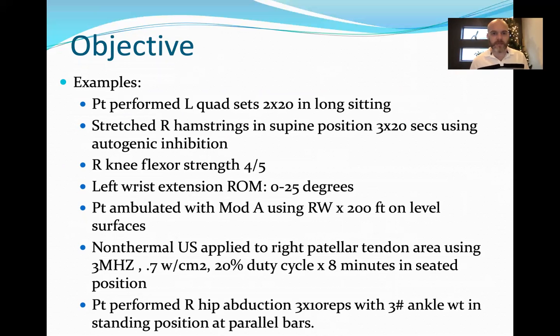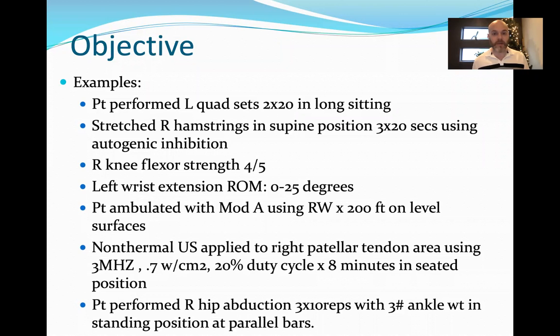Patient performed left quad sets, and that means 2 sets of 20 reps in long sitting. Another example might be right knee flexor strength is 4 out of 5, and y'all will know what that scale means later. You might write left wrist extension range of motion is 0 to 25 degrees. Y'all will learn to measure that later.